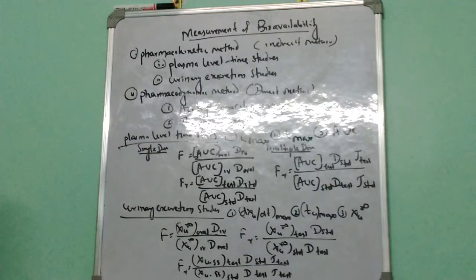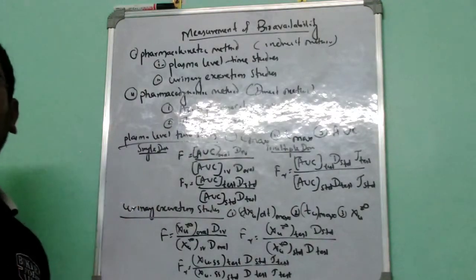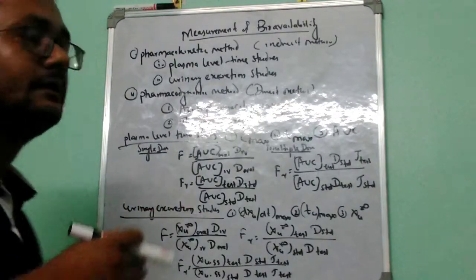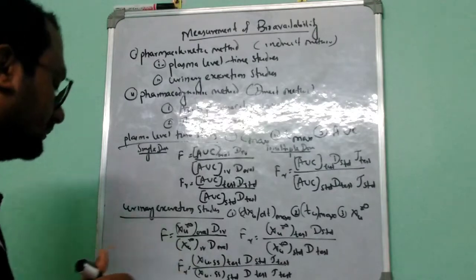In the pharmacokinetic method, the first one is plasma level time studies. In this, after administering the dose, we have to collect blood samples and see the plasma drug concentration of the drug.